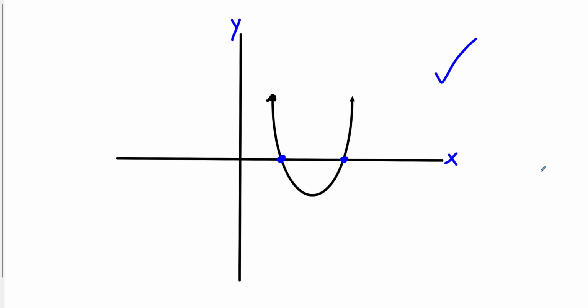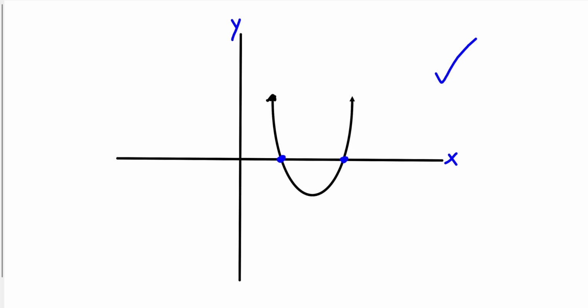What do you guys think? We'll do a quick poll. Thumbs up, thumbs down. Thumbs up meaning yes, you think it's possible for a parabola to have more than 2 x-intercepts. Thumbs down meaning no, you think 2 is the highest. You cannot have more than 2. All right.